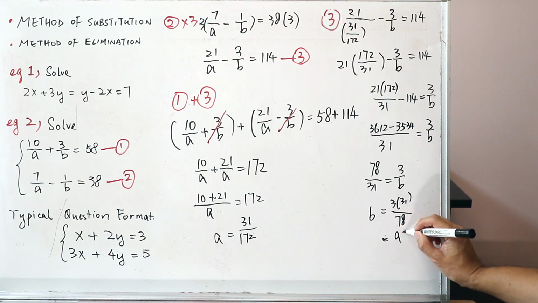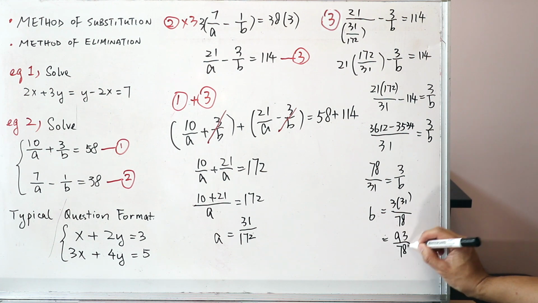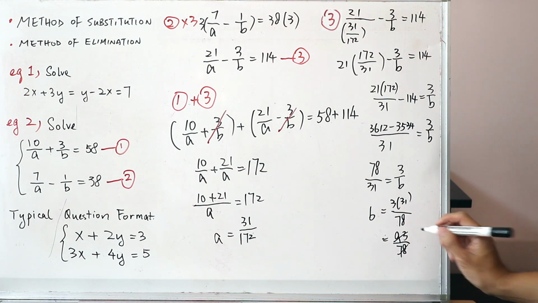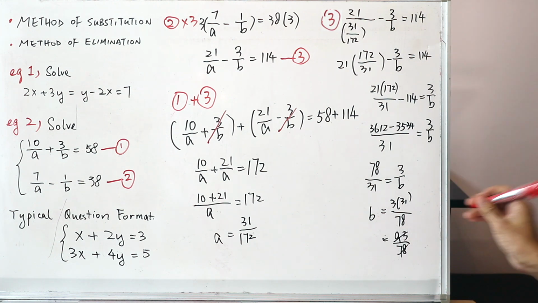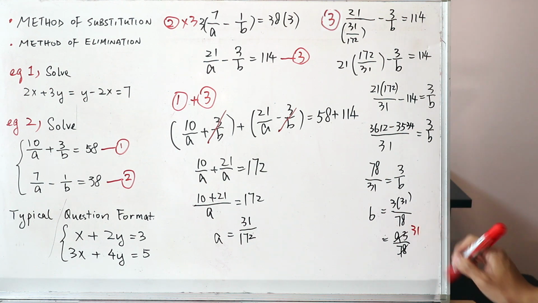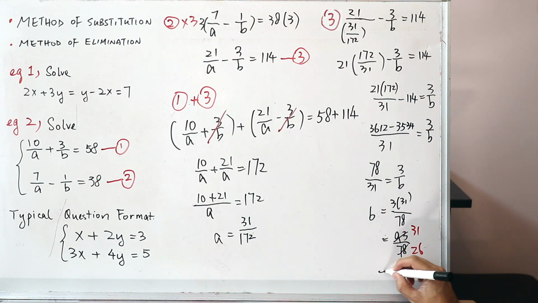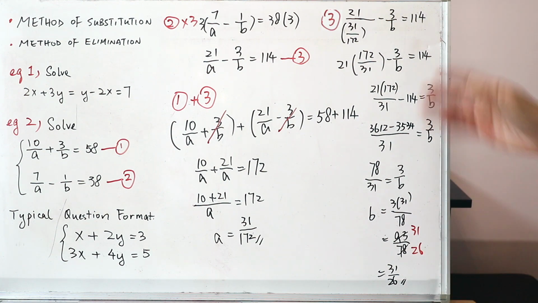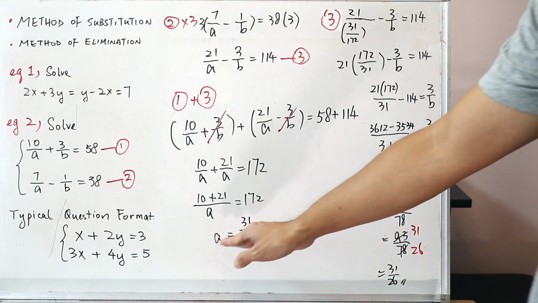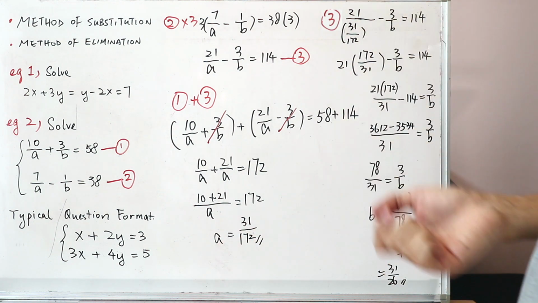So that's 93 over 78. So both can be divided by 3. So this is 31 and this is 26. So b is equal to 31 over 26. And that's your answer. So now as you can see, you can find a and b relatively easy.